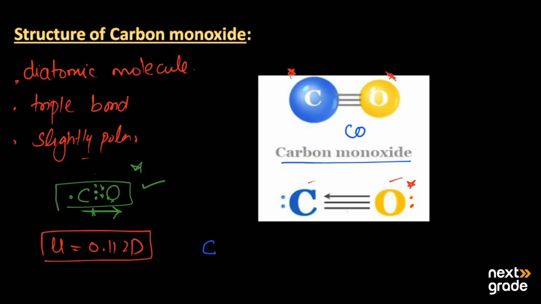We can also show that with the carbon-oxygen double bond, the oxygen has a partial negative charge and carbon has a partial positive charge. So this was the simple structure of carbon monoxide, showing how the oxides of carbon exist in nature.